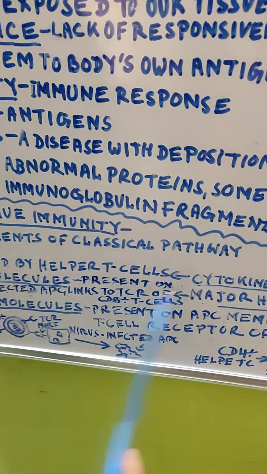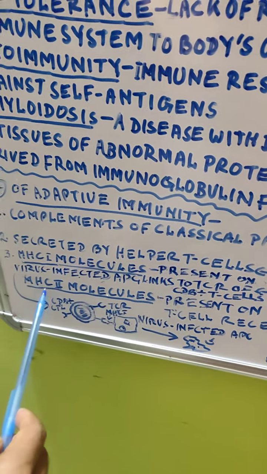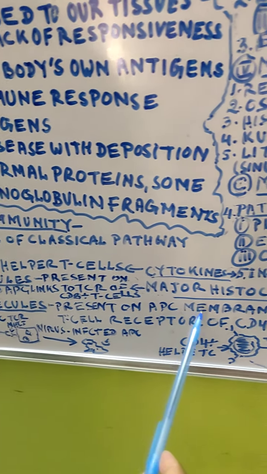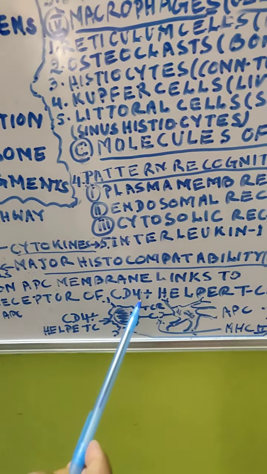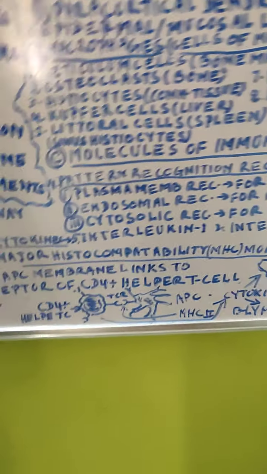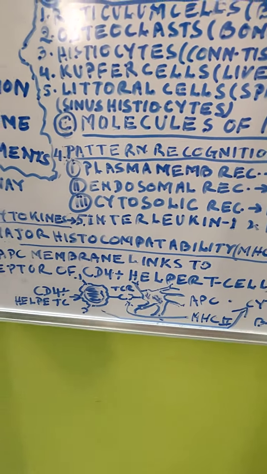It is similar to the MHC1 molecule of innate immunity. Another, the MHC2 molecule, is present on the antigen presenting cell membrane, and it links to the T cell receptor of CD4 T helper cells, and by that the CD4 T helper cells release the cytokines.